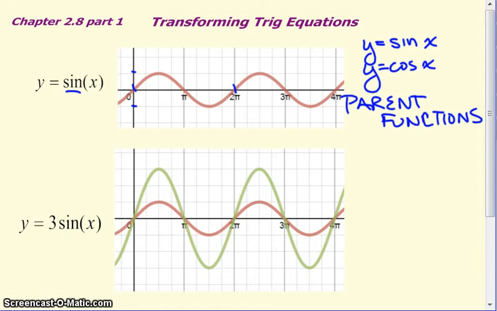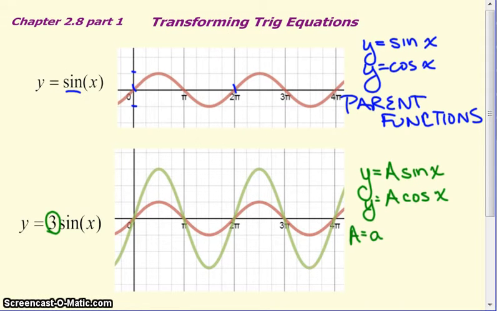Nothing too earth-shattering. In this next set of problems, what I've done is I've taken my sine function and I've multiplied it by some number. I'm sharing with you what happens with the sine function. The exact same thing happens with the cosine function. So I have my sine function multiplied by a 3. Last week we talked about how that number is known as amplitude.